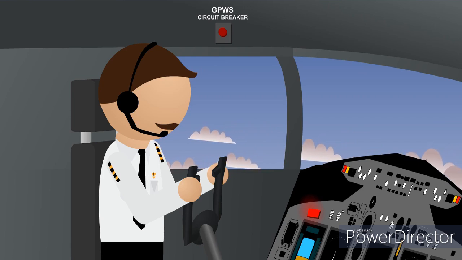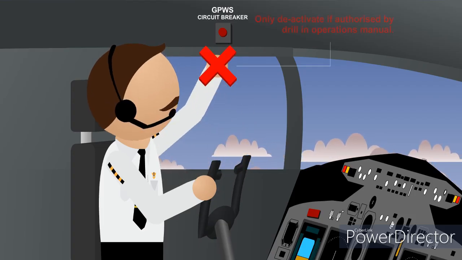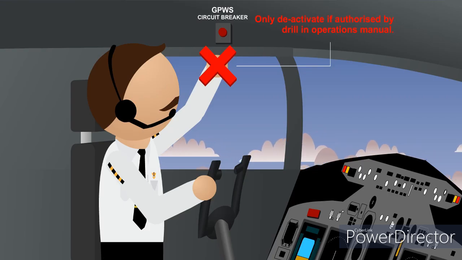The only circumstances when a climb to safe altitude may be discontinued are when the cause of the warning has been positively identified or the warning ceases. The pilot must not deactivate the system unless told to do so by the operations manual. The airline operator should be informed of all warnings, even nuisance or false alarms, so that remedial action can be taken so as to maintain confidence in the GPWS system.